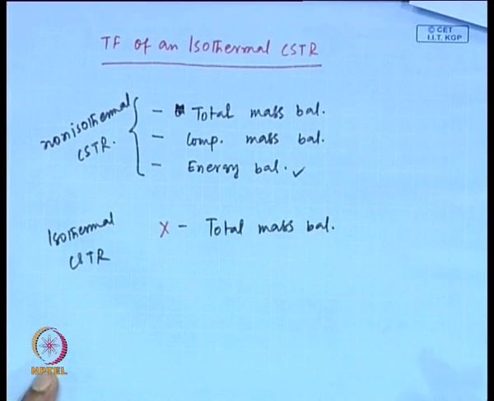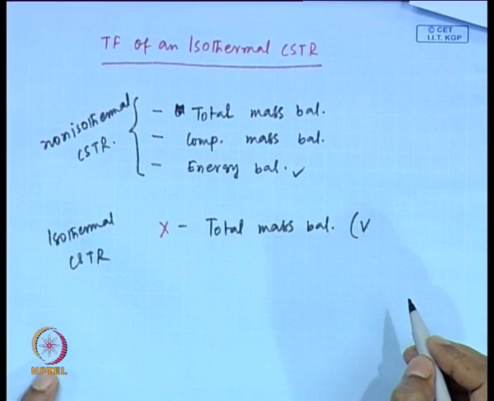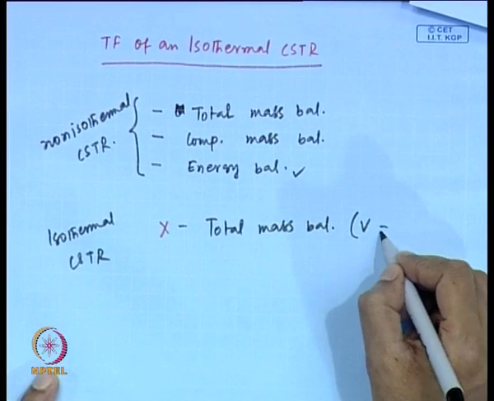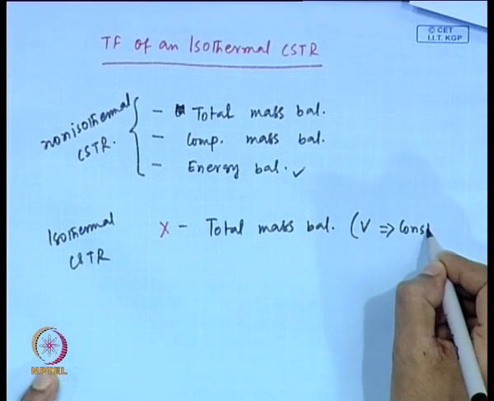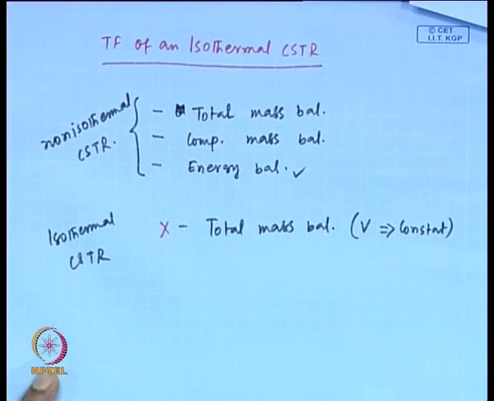How can we avoid this? If we assume the reaction mixture volume is constant, in that case we can avoid the total mass balance equation. So, we are assuming that.